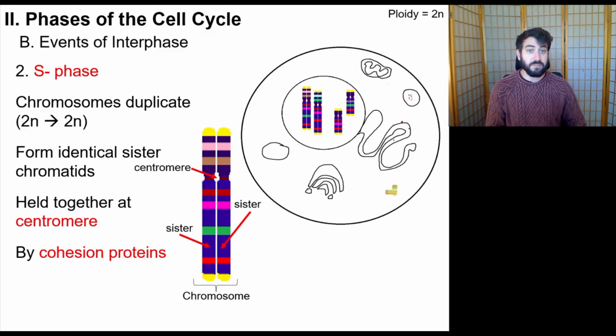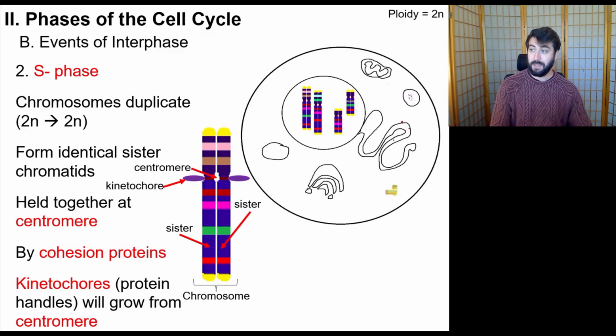Speaking of that, during the S phase, we also develop some handy components for later on, specifically kinetochores, which are these proteins that grow out from the centromere and act as like handles, right? So they're kind of for moving these chromatids around. Okay. Quick note, so these are sister chromatids, but this is still considered a chromosome together, okay? A little bit confusing how we use the word chromosome sometimes, but always stick with the book analogy, right? It's still the same copy, or the same version of book 1 of Harry Potter.